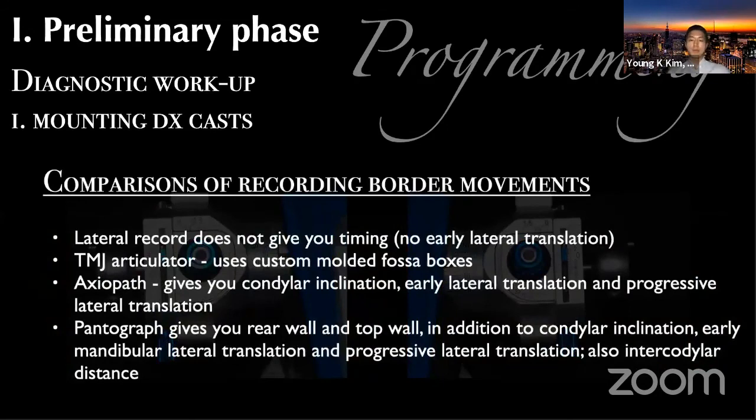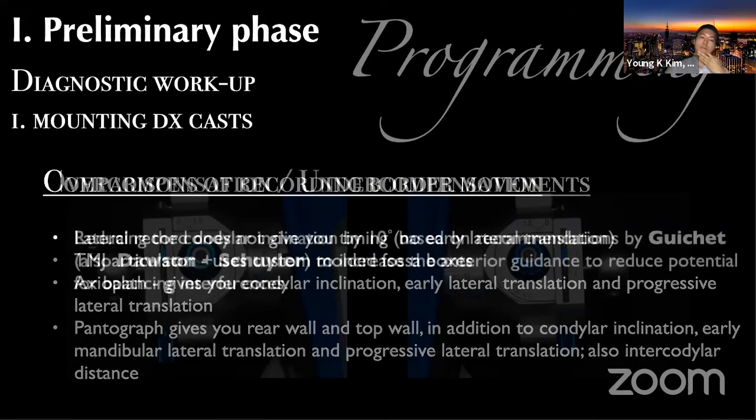And as I briefly mentioned, we can still use the lateral record, but it doesn't give us the timing information of the eccentric movement. That's why we may pursue pantographic tracing, the KDX, for the setting of fully adjustable articulators. But again, we are generating mutually protected occlusion in about 99% of our cases of full mouth reconstruction, so we don't really need that armamentarium.